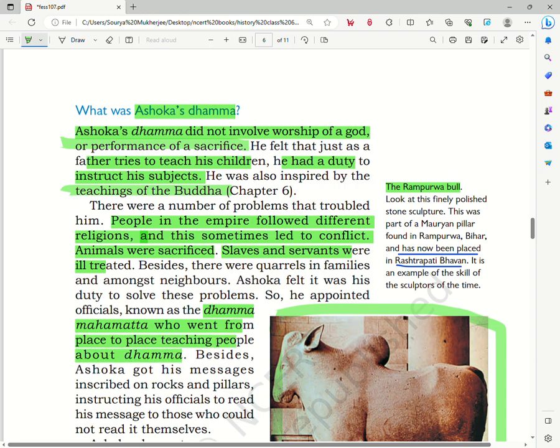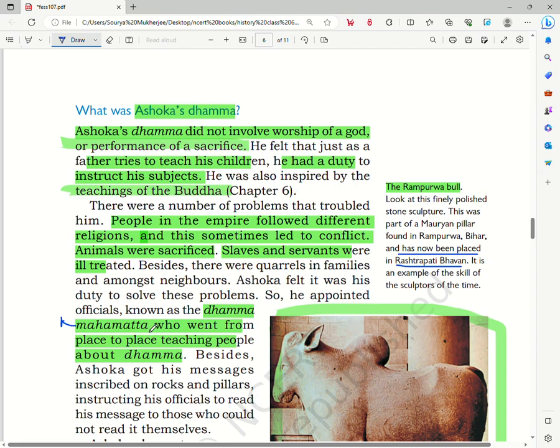So, guys, we can see here that Ashoka appointed special officials who were known as Dhamma Mahamattas. This word Mahamatta is also a Prakrit form of Mahamantri.